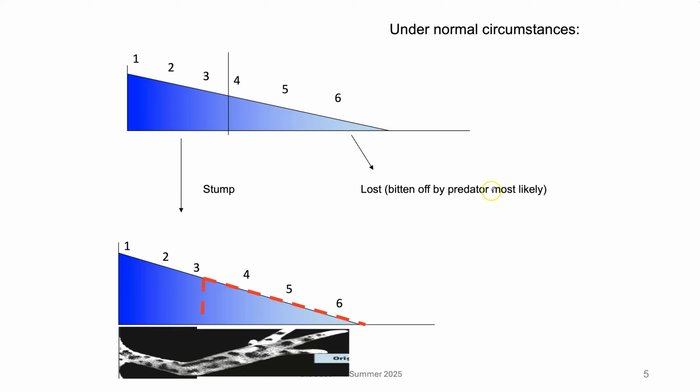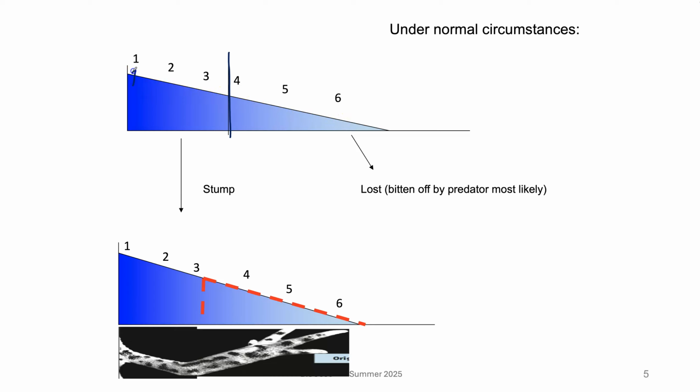So under normal circumstances or simple experimental manipulation, the limb is amputated cleanly or bitten off, not as cleanly and not as neatly. But you lose the distal part of it. If you look at these numbers here, the gradient indicates the amount of some kind of morphogen.